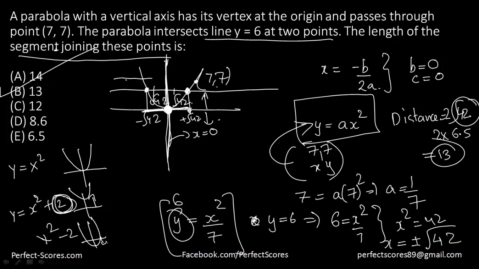Once we got the value of a, we substituted y is equal to 6 and got the value of x, and we got two different values, and we just found the distance between this x value and this x value, which is 2 square root 42. We approximated it, and this is going to be the answer.